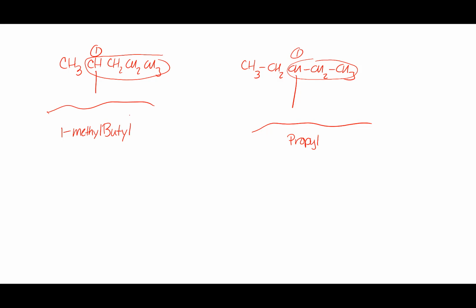After I've identified the connection as carbon 1 and found the longest chain, I'm now going to look at the substituents of the substituent, and I'm going to name and number those. And they come in front of the longest alkyl group chain. So this is a 1-methylbutyl. What would the structure on the right be? It would be 1-ethylpropyl.